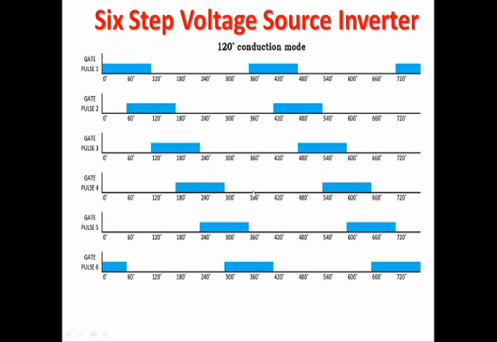Check the 120 degree turn on time for each and every pulse. For the rest of the cycle, 240 degrees, the gate pulses have their turn off time.